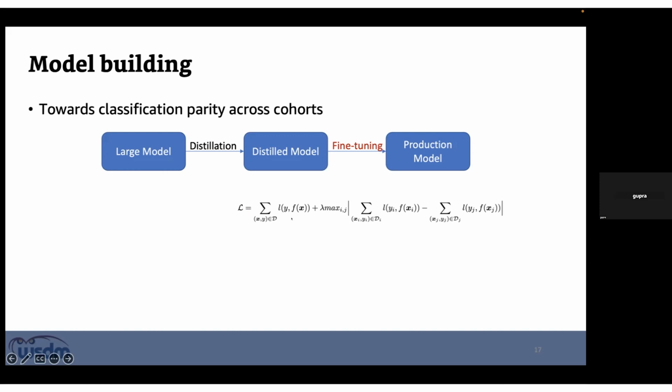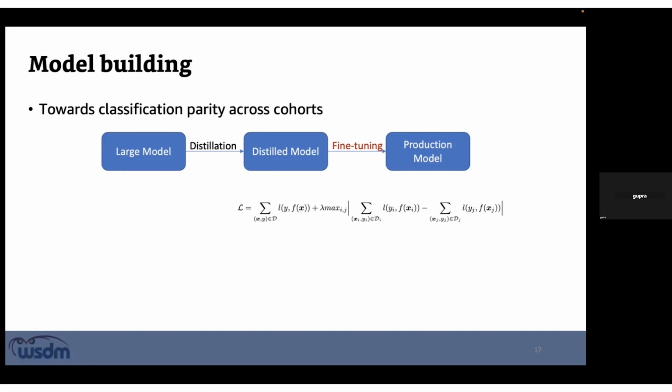So in addition to having the empirical loss that you're minimizing to fine tune your model, one could add a fairness-based loss function. Here, one loss function that we tested was we not only minimize the empirical loss function, but we also track the loss between certain cohorts that contribute to your training set.